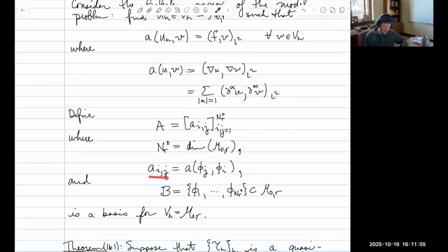And the components of the stiffness matrix a_ij are equal to a(phi_j, phi_i), where phi_j and phi_i are basis functions. And these are like the hat basis functions that we discussed in class. I guess we could say here for i and j between 1 and n.